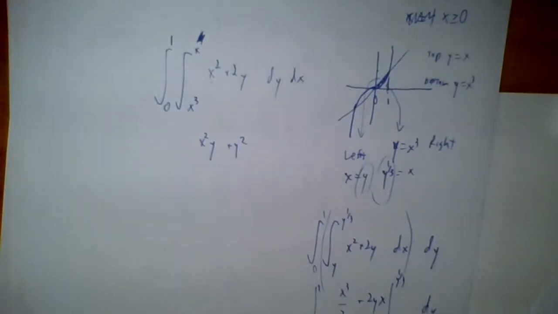So that's the contrast between those two. The function would have been fine either way around, but the region has to be described one way or the other. And in simple cases like this, you can pick either one as long as you set it up the right way around for that.